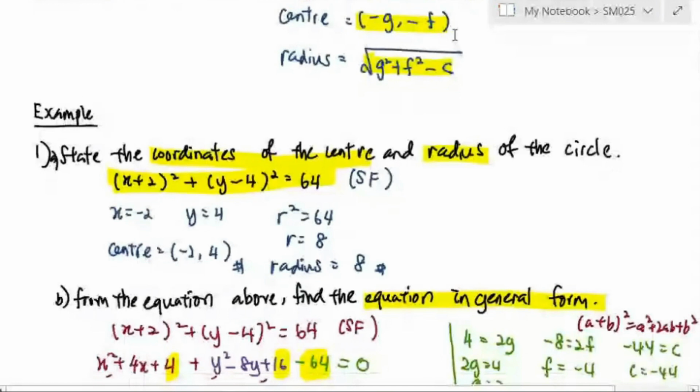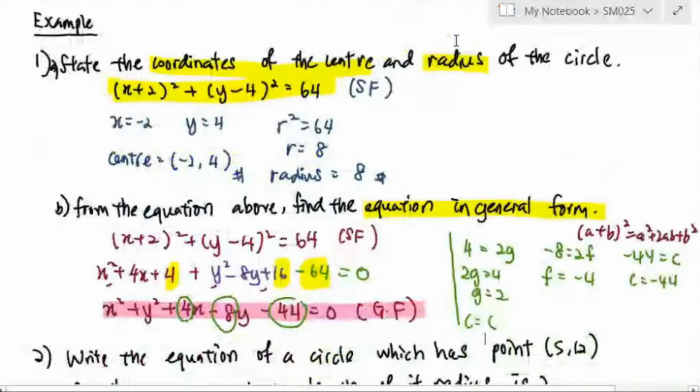Negative g, negative f. So it will be negative 2, negative negative, positive 4. So it won't have any conflict. Same equation, of course the information will be the same, just the working will be different. This is what we do from standard form, and this is what we do from general form.